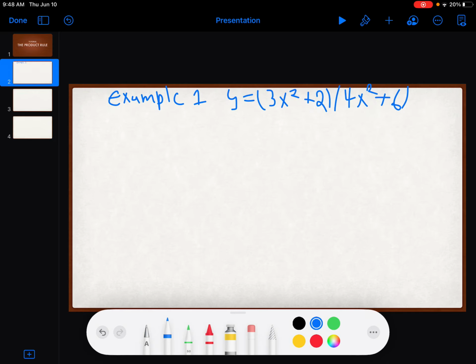But since this is a video on the product rule and using it to find derivatives, we're going to be using the product rule. So what I'm going to do is take a look at this function, and what I see is two separate functions being multiplied together, the things in each set of brackets.